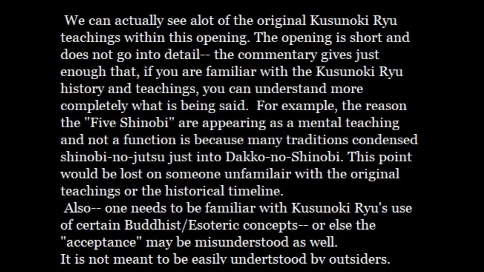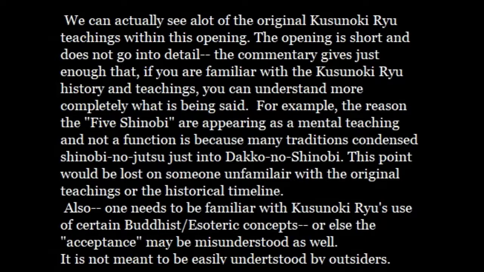Also, one needs to be familiar with Kusunoki Ryu's use of certain Buddhist esoteric concepts, or else things such as acceptance may be misunderstood as well. So if you don't know that the kanji blade over heart is meant to be read as acceptance with the dharmic understanding, the Sanskrit santi, then the section where it's talking about accepting these things might be misread as enduring the things, but endurance is that novice level.